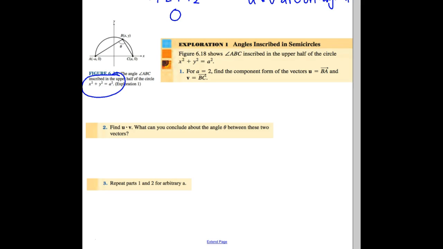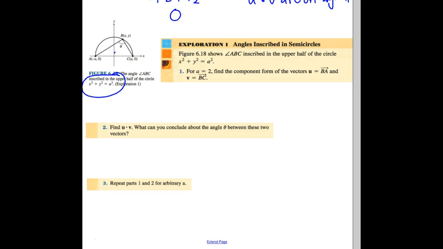What does that look like? That's the equation for a circle, right? We think of it as x squared plus y squared equals r squared. So what they're really saying is for this particular picture, the radius is A, right? Does that make sense? From the center here, we're going A units to the right and A units to the left.